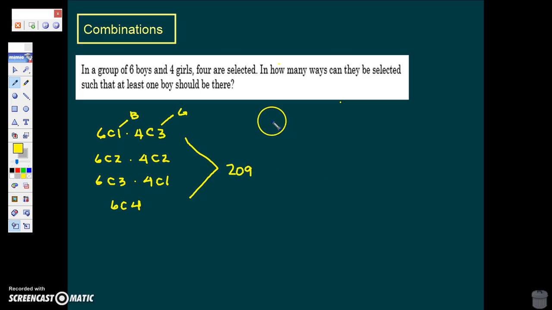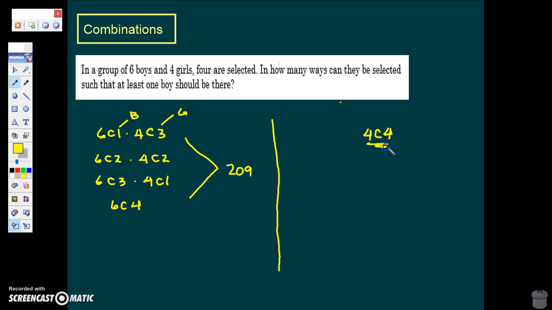Now let's have another way of answering this problem. So if we are to select a committee that there should be at least one boy in there, why not get the number of ways that we select the 4 members that none of them is a boy? So the only case that's happening is that all girls are selected. So it's 4C4.